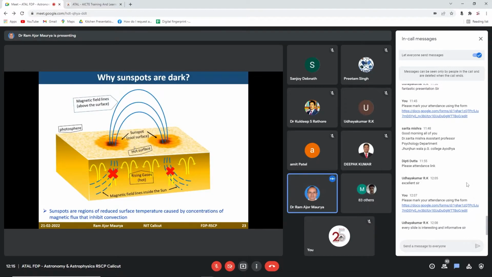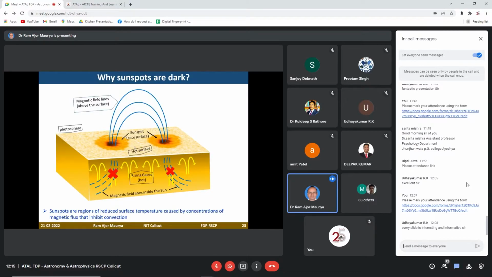This is the equator. Around the equator, the sun completes one rotation in 25 days, and at some higher latitude it is 26 days, and if you go towards the polar region it is 35 days. So it rotates differentially.